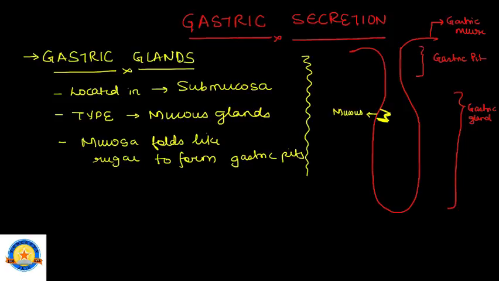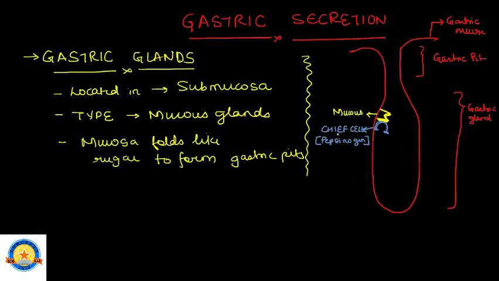Now the next cell is called the chief cell. We'll draw it with a blue color. What does it produce? It produces pepsinogen.